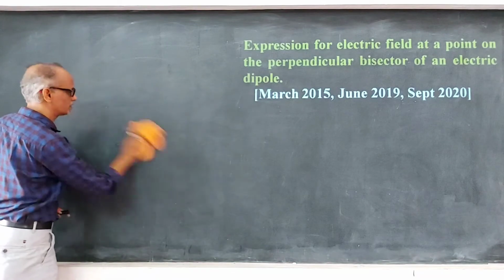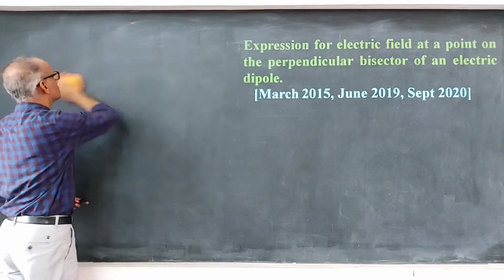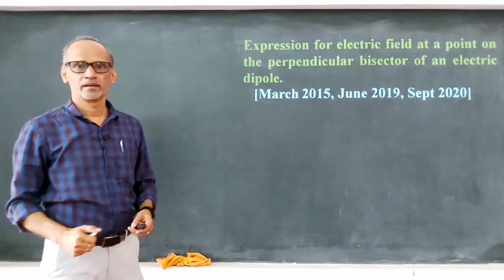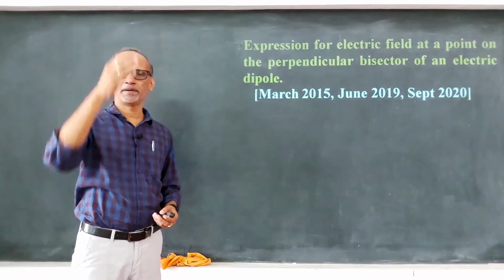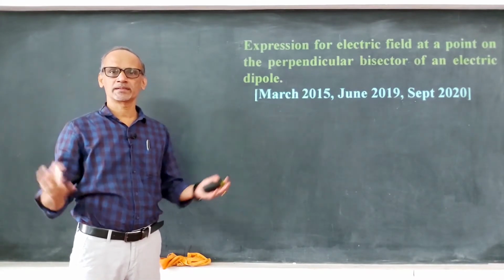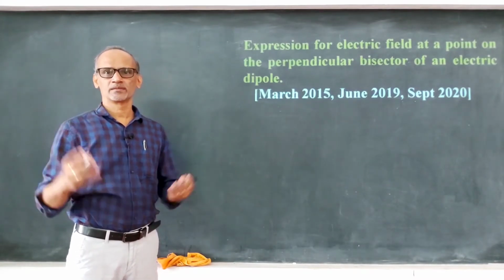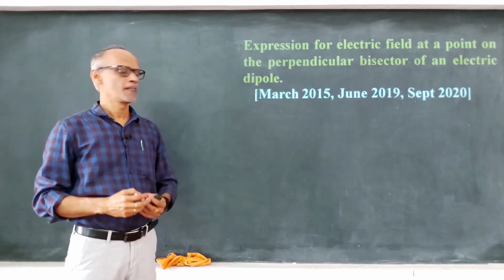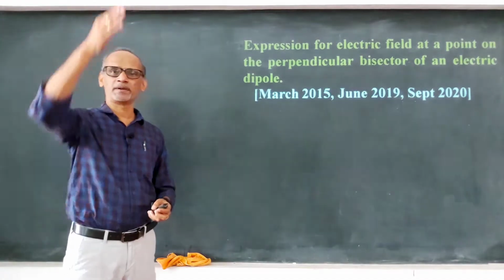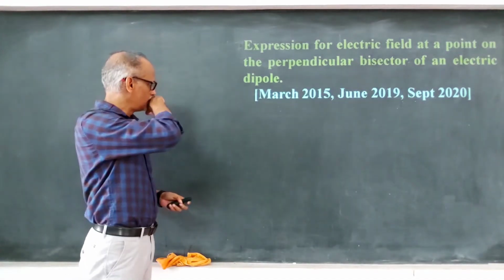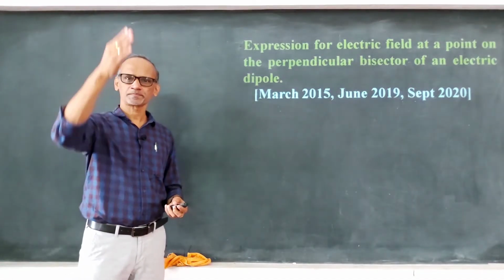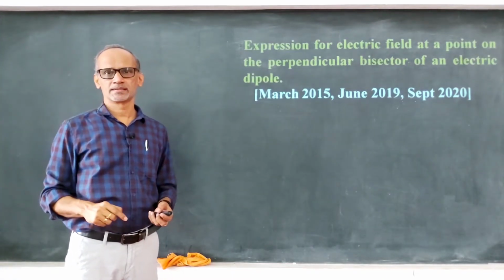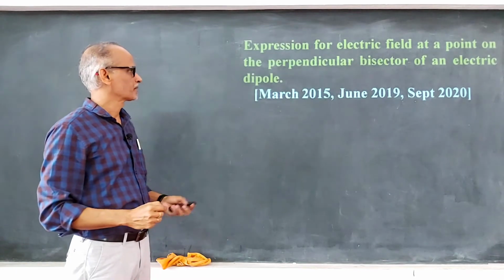This time the derivation is to find the expression for electric field at a point on the perpendicular bisector, because around the electric dipole there is a field all over, not just on the axis of the dipole, correct? There is a field everywhere. Perpendicular bisector means the line passing through the center and perpendicular to the axis, okay?